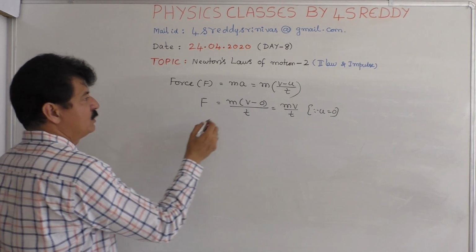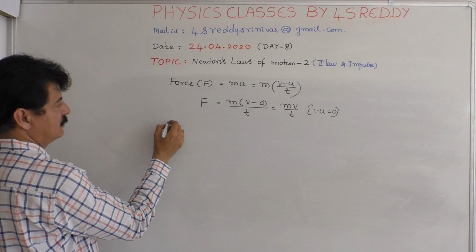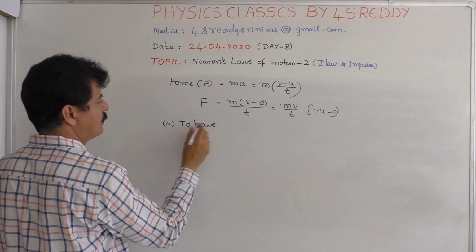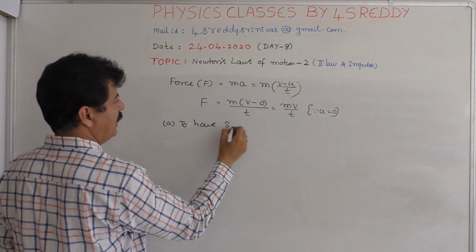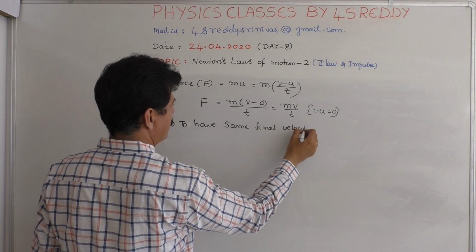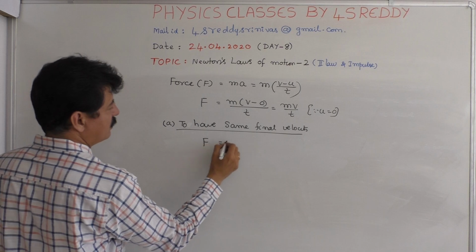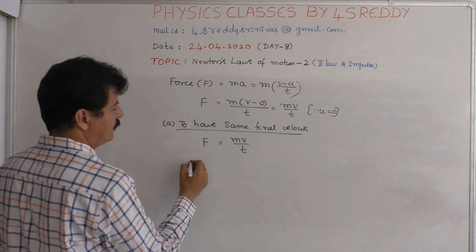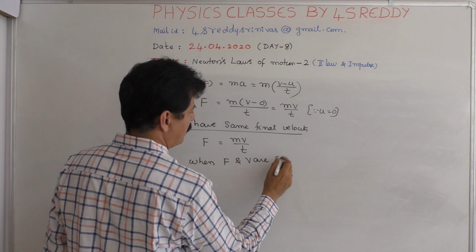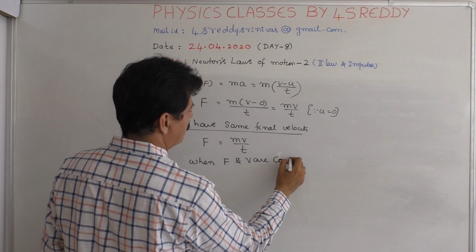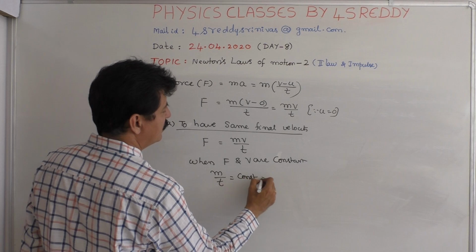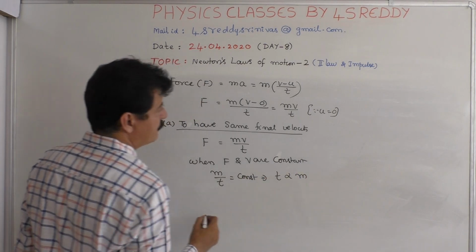Now what you are given is, for the first bit, to have the same final velocity. When F and v are the same or constant, m by t must be a constant, which implies t is proportional to m.